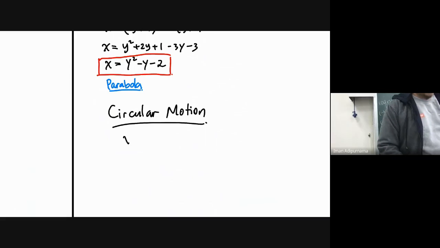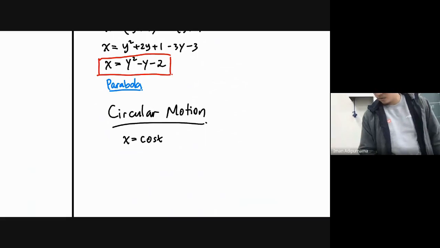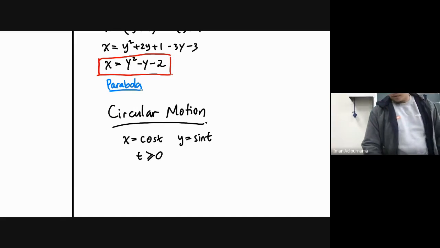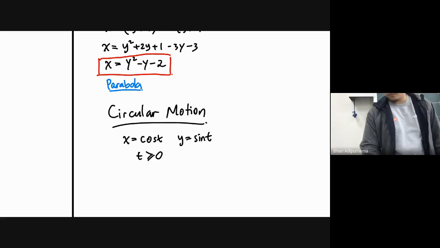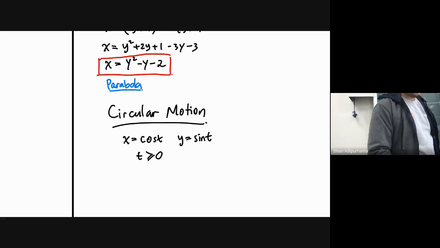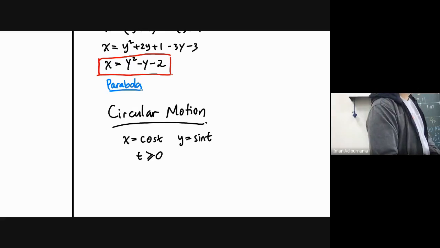For example, if your equation of x is cos t and y is sine t, and t is greater than or equal to 0, then how do you sketch the graph?